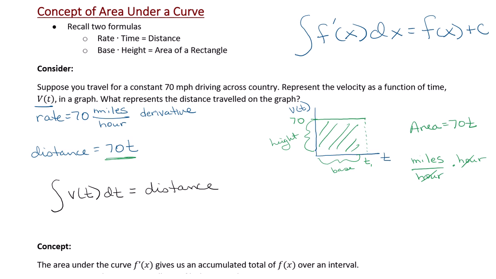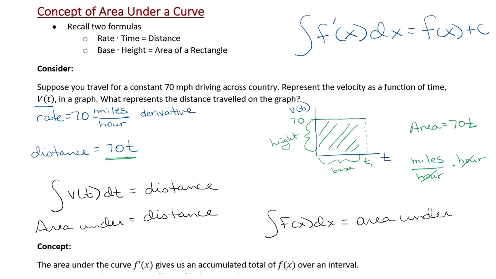We also found out that the area under the curve was also the distance. So guess what? The integral of some function is going to be the same thing as the area under the graph of that function.